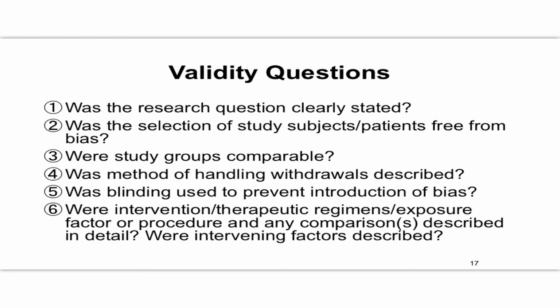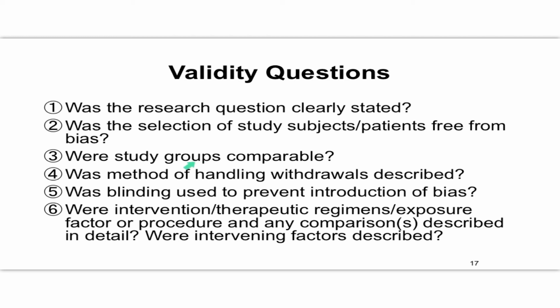So the first one is, is the research question clearly stated? Even in a drug study, did they select the study patients in a way that there wasn't bias? Is there some selection to make sure that you get a good homogeneous population that isn't impacted by your deciding that, you know, dogs of this breed should go in one category and not another?